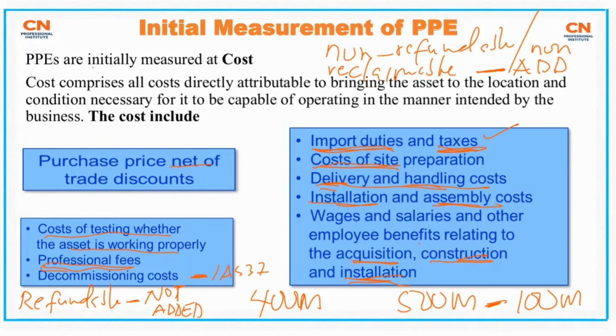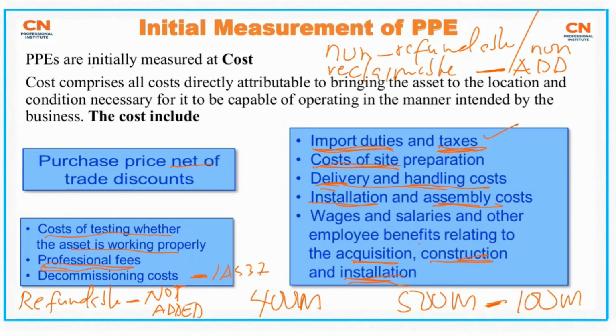So the standard is saying all costs that will be incurred to do this restoration or decommissioning, discount it to present value and add it to the cost of the PPE. It's also in IAS 7, which we'll be looking at. So decommissioning cost is part, and it is a future cost that is discounted to present value. We'll look at it shortly.